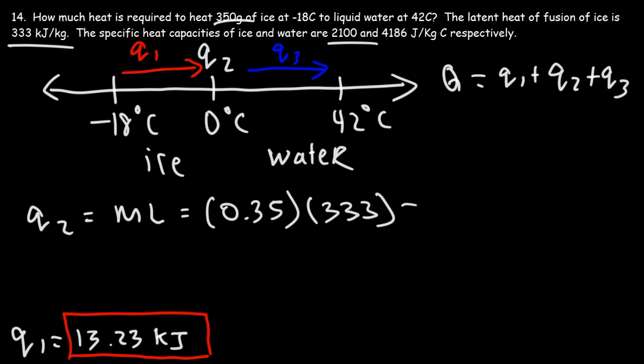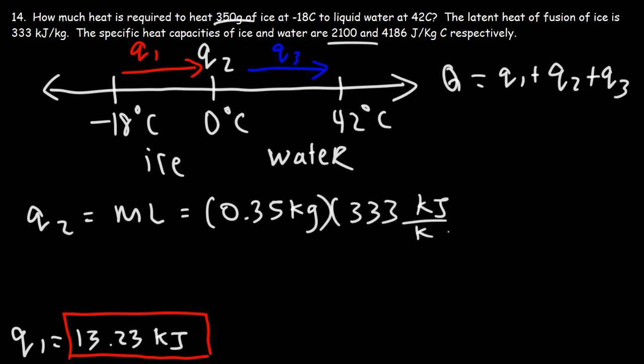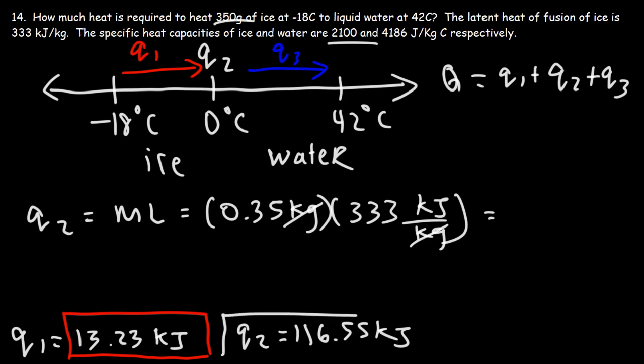I'm going to write the units so you can see what units we get. You can see that the units kilogram will cancel, and so we're going to get the units in kilojoules. So Q2 is 116.55 kilojoules.